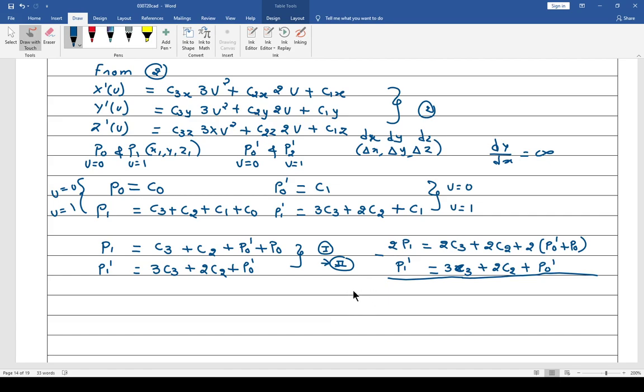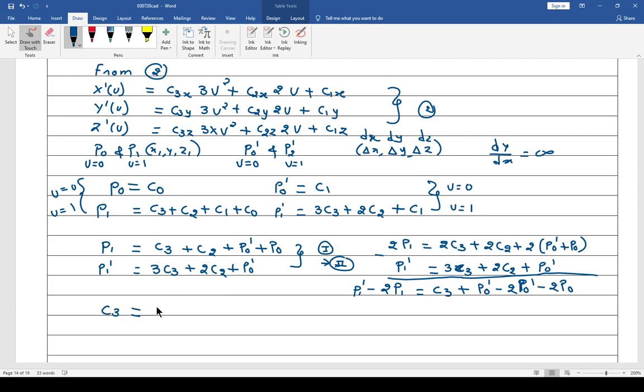On the left hand side I get p1 dash minus 2p1, which is equal to c3, and the c2 terms get cancelled, plus p0 dash minus 2 times p0 dash minus 2 times p0.